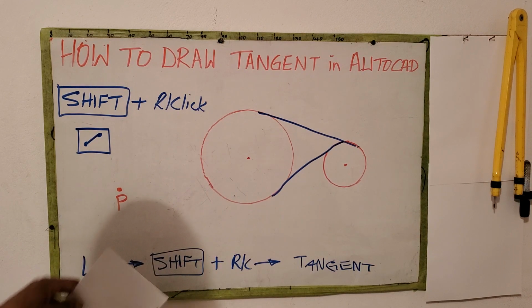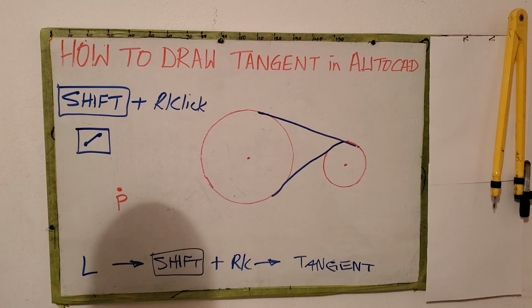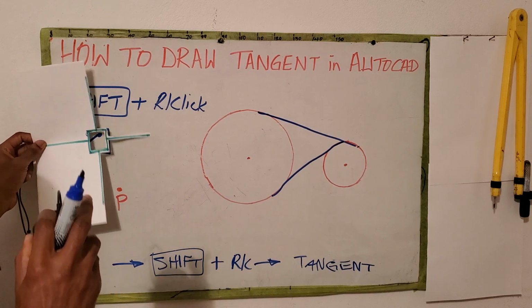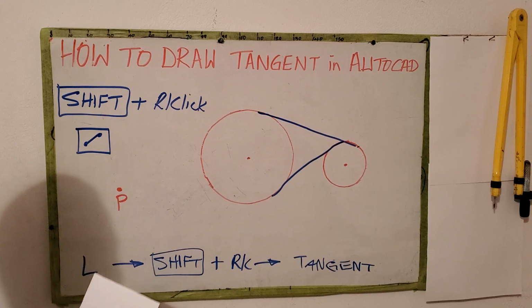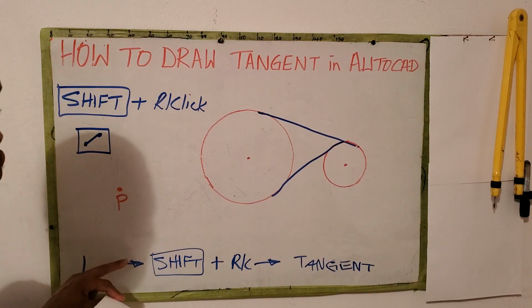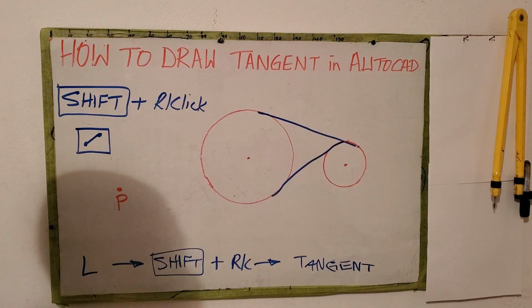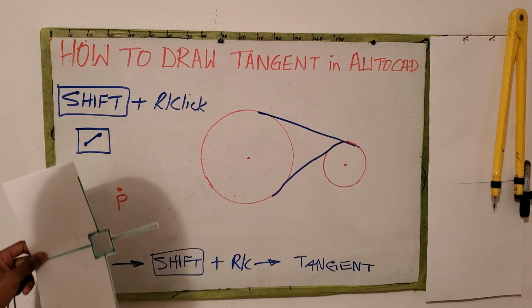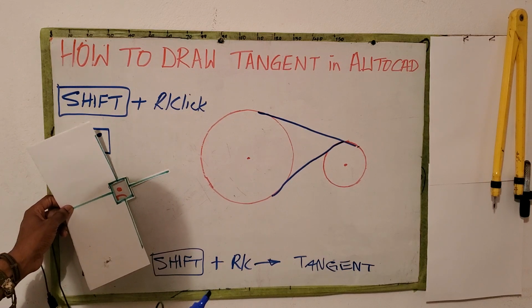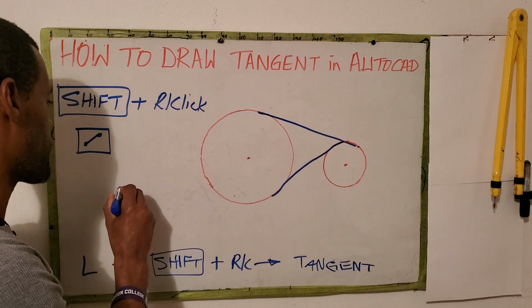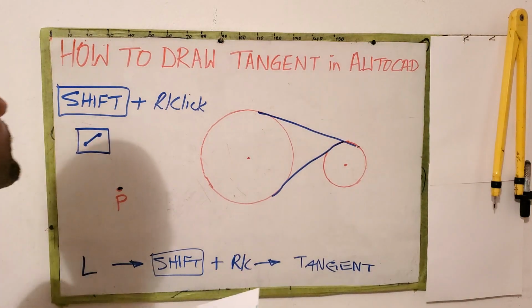So let's start here at point P. Again, I would need to activate line, by typing L or left clicking on the line icon. The command bar should change and ask me to specify the first point for the line. I'll then go over to P, left click, and the first point for my line will be formed.